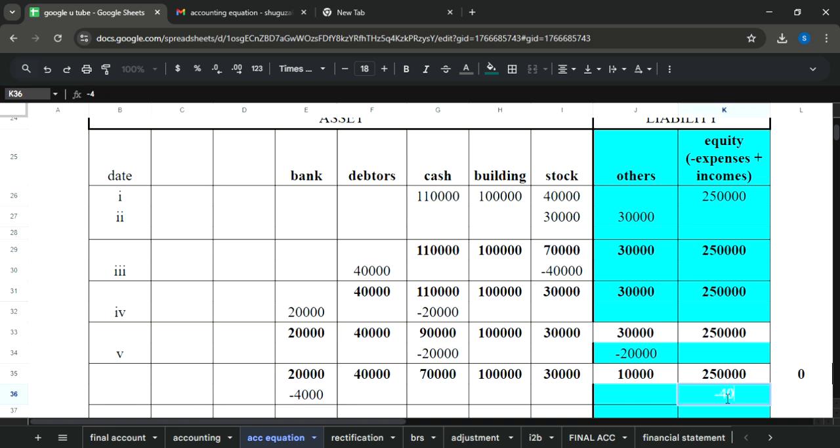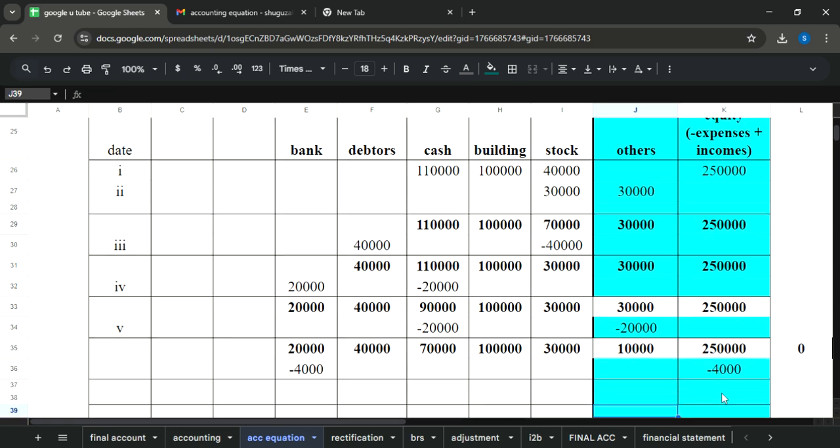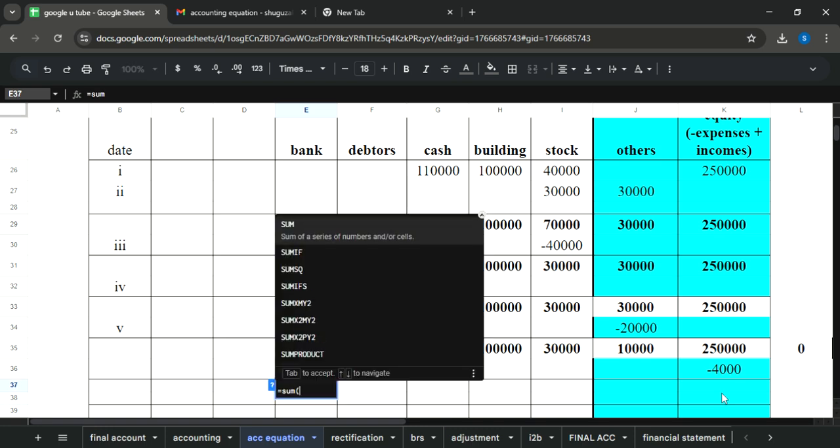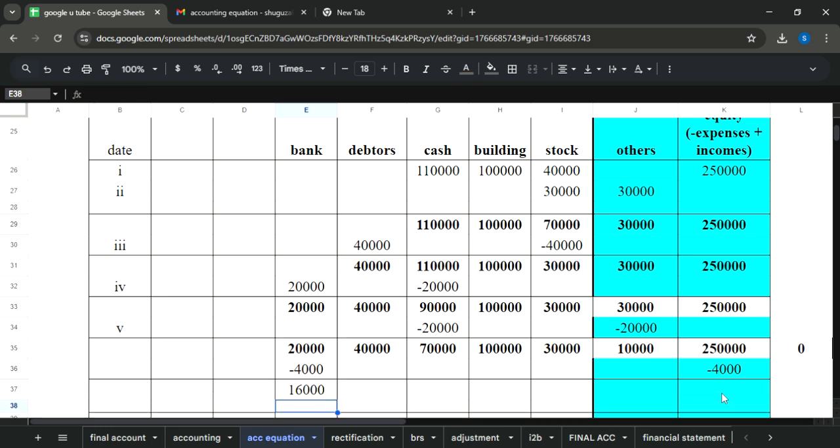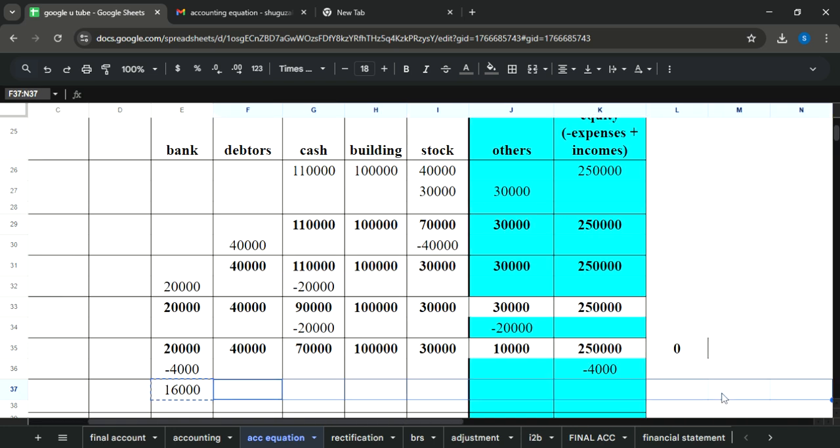Minus 4,000 as an expense would be subtracted. Alright guys, now it's time to take again the final answers. 20,000 minus 4,000, and similarly we will apply it to all other sides.